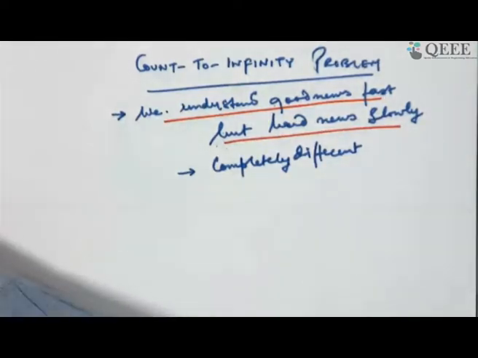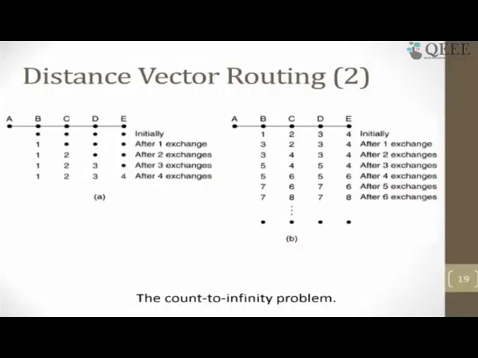So, if you just go back a bit and see this once more, what we have initially is A, B, C, D, E, where all are connected. So, this is the LAN connection.